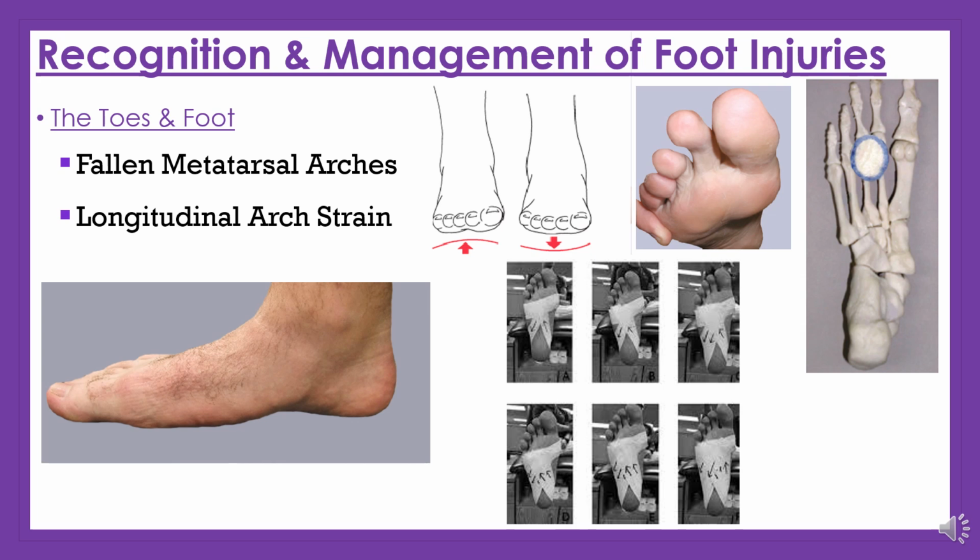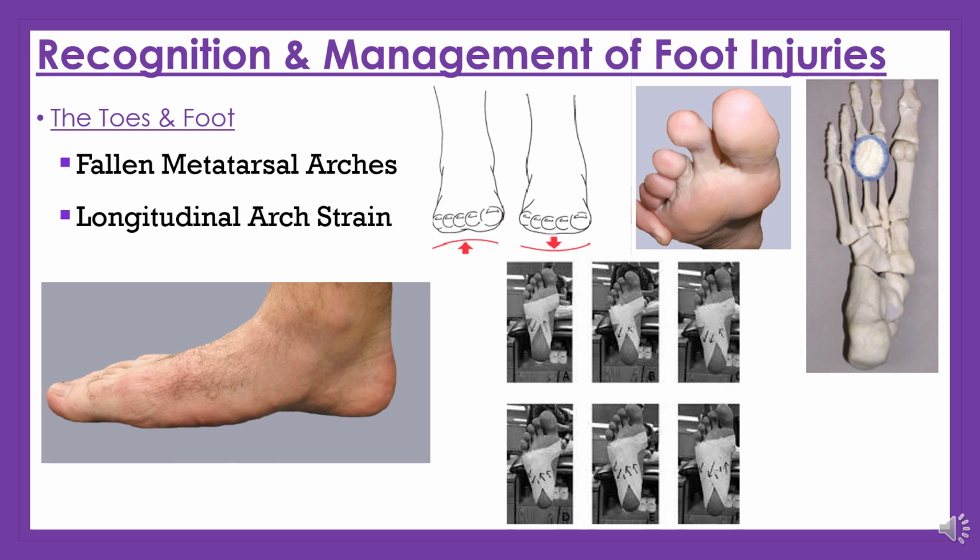Those with fallen metatarsal arches should have a pad placed in their shoe to elevate the depressed metatarsal heads, usually under the second and third metatarsal heads, and they should begin a daily regimen of strengthening the intrinsic foot musculature to help build that arch back up.